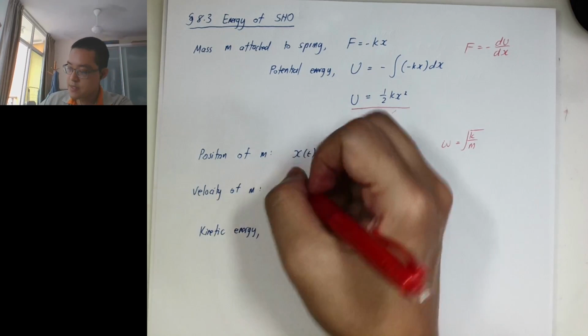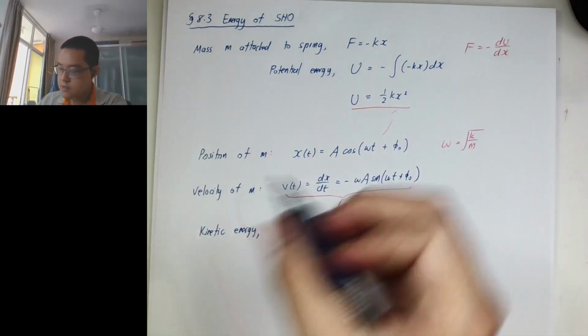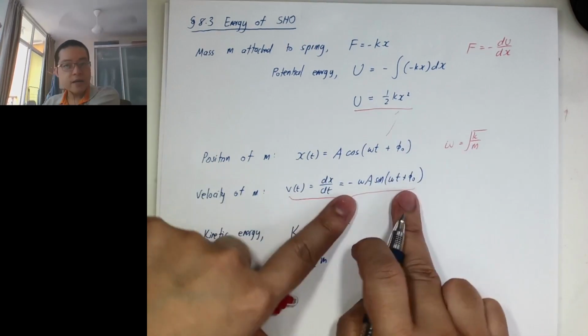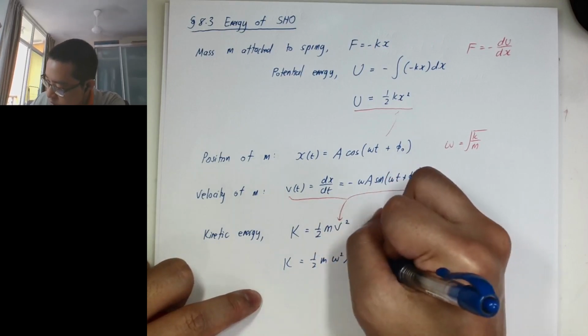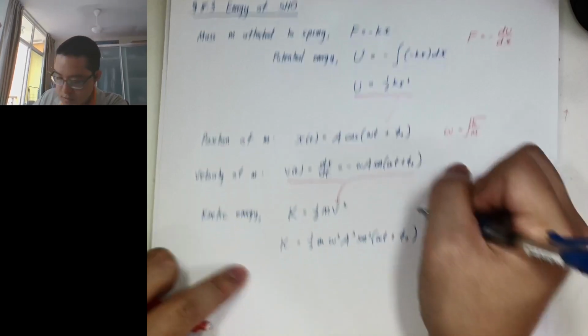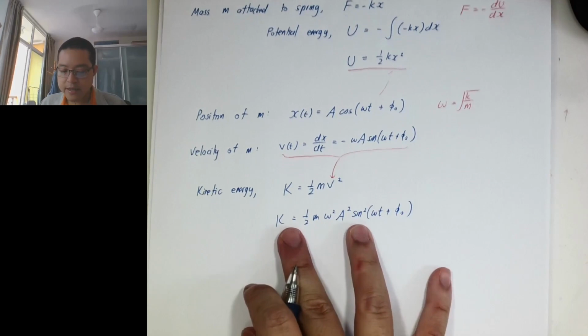So using this formula for v, I can put this into here. So this is equal to half mv squared. So v squared, just square everybody, like this. Okay, so this is my kinetic energy.